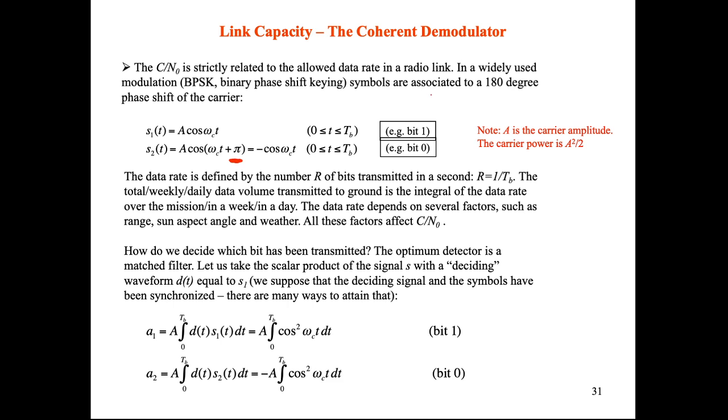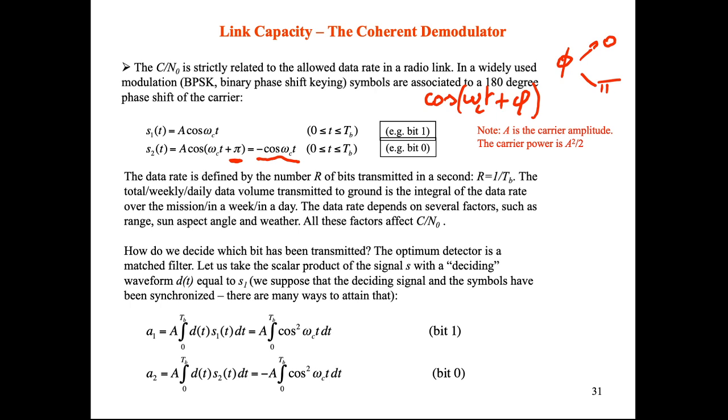So we have a modulated signal cosine(omega_c t + phi), but phi can be either 0 or pi, and therefore we have these two possibilities. All right.